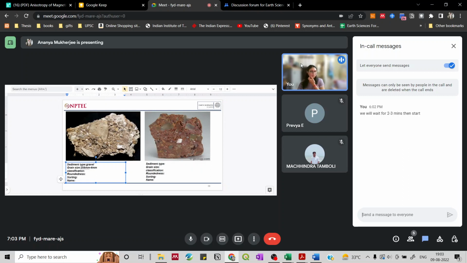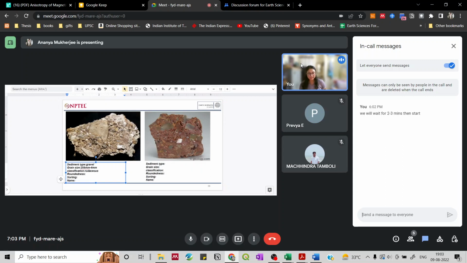This is just a rough estimate. We do not have the scale for this, so I'm just explaining how it might look. So how will you classify it? So this is a rudaceous rock.